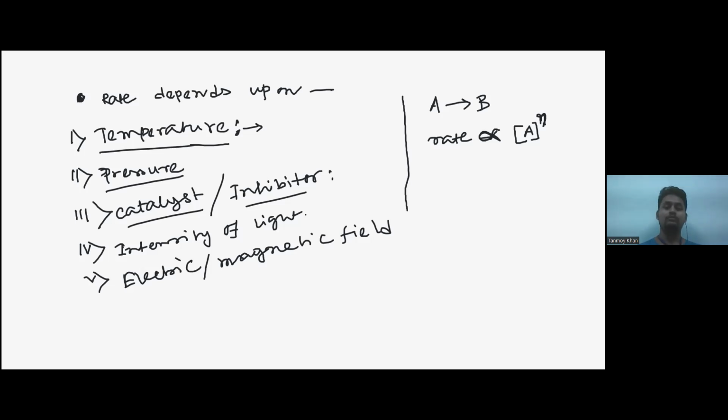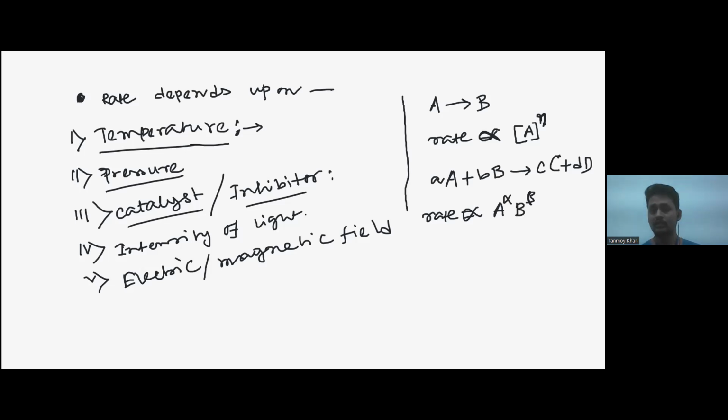So for a typical reaction, A plus B to C plus D, we can write the rate as proportional to A to the power alpha, B to the power beta. This power has nothing to do with the stoichiometry. These are different. If we want to write the rate of a reaction in terms of the stoichiometry, that is different.